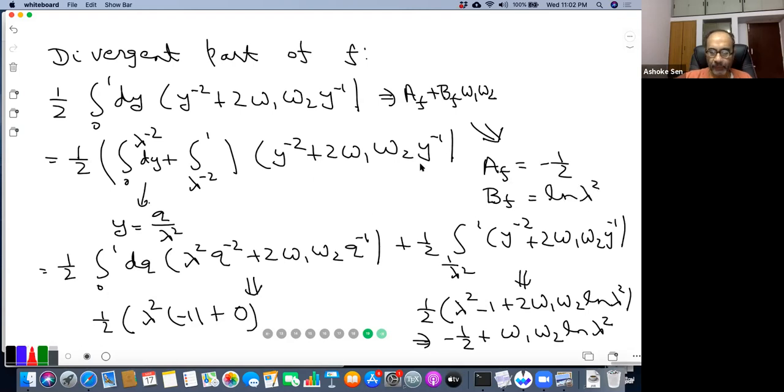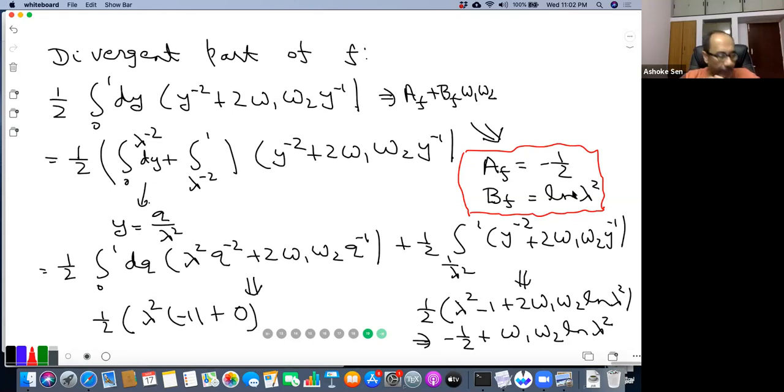So that's the string field theory answer for these coefficients. You see that AF is independent of lambda, BF does depend on lambda, but that combination which appears in the S matrix, BF minus BG by 2 or BG minus BF by 2, you can show the lambda dependence cancels out. And then you get this minus log 4 for that.